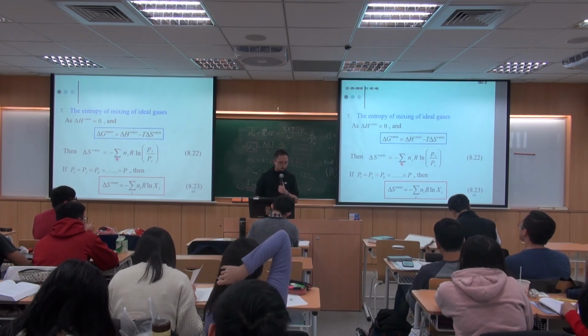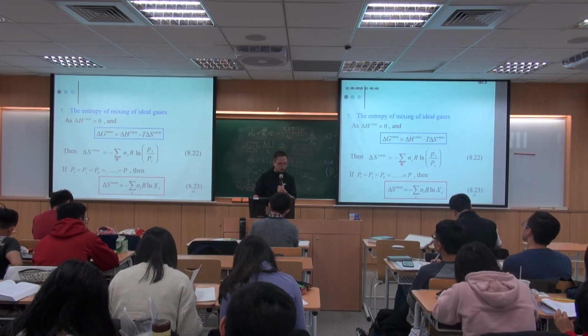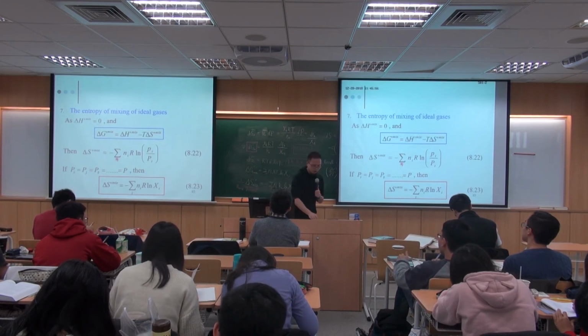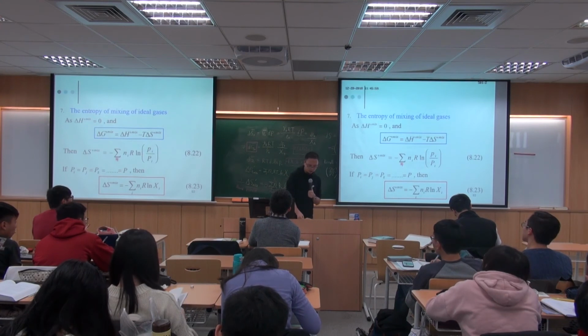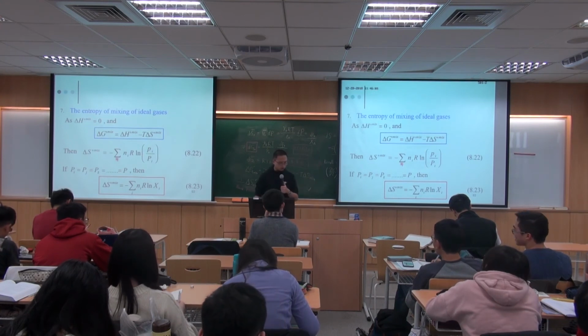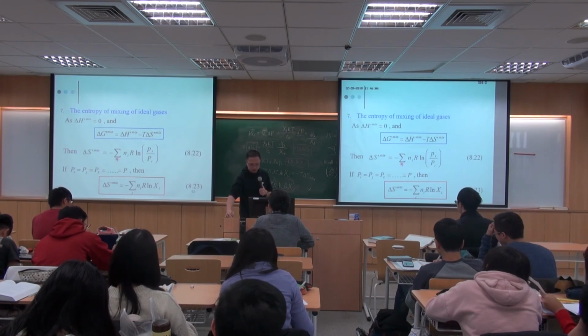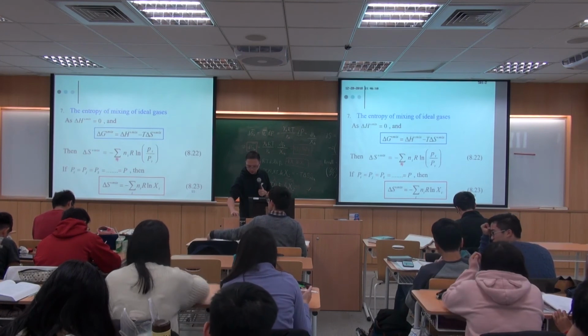Okay, so I think I'll stop chapter 8 over here, and I'll mention a little bit about what we're going to talk about next week. So for next week, we're going to talk about statistical thermodynamics. So let me review some of these right now.